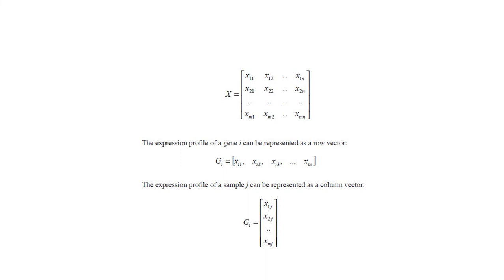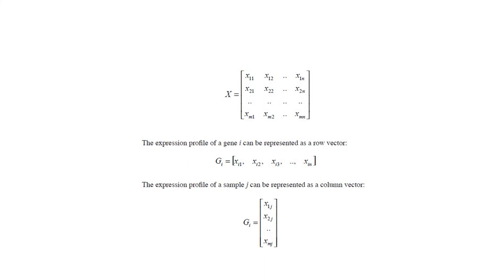So it will go up to the nth column. In the second row also you can see x21 second row first column, x22 second row second column, then x2n second row nth column. This is called the gene expression profile.